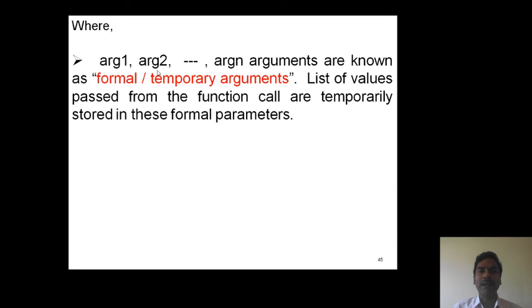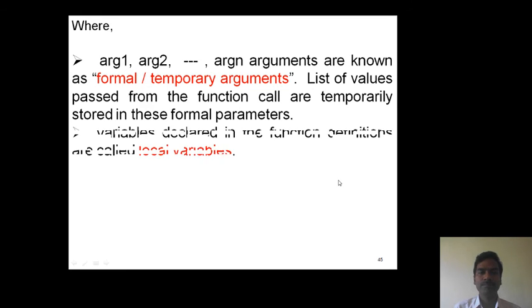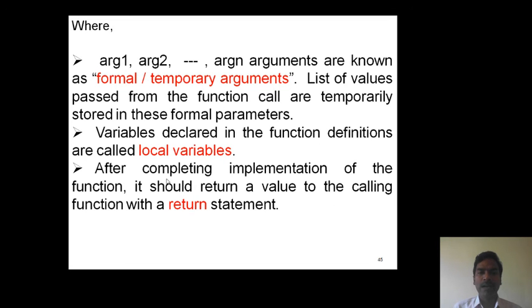Argument 1, argument 2 and so on up to argument n are called formal or temporary arguments. The list of values passed from the function call is temporarily stored in the formal parameters. Variables declared inside the function definition are called local variables. After completing the implementation, the function should return a value to the calling function with the return statement.